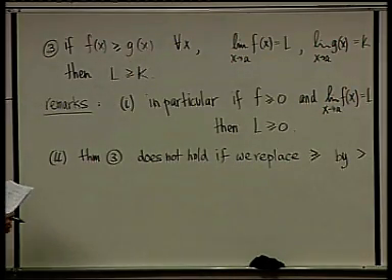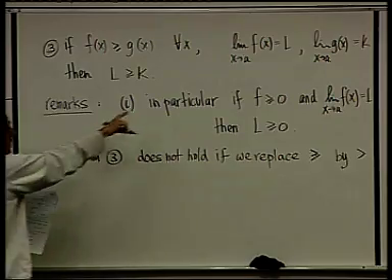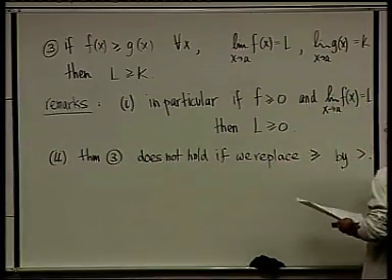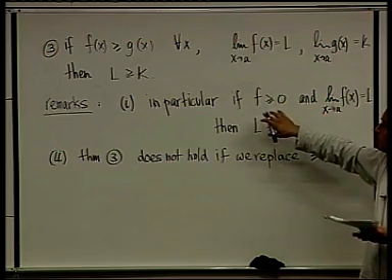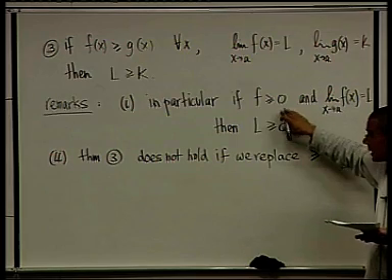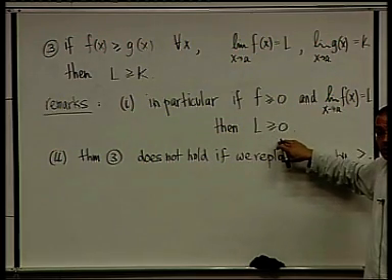It's easier to look at a particular example to find a counterexample. So if you take a function which is always positive, it doesn't guarantee that the limit is always positive.